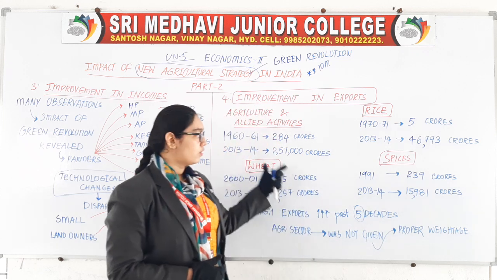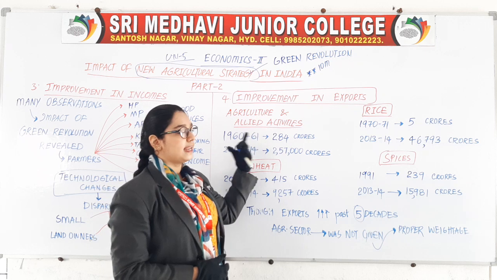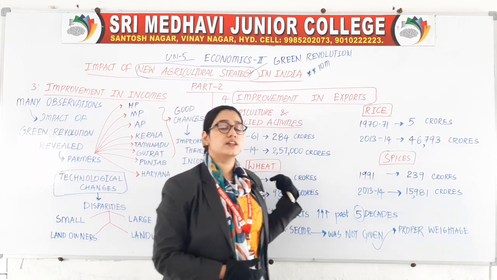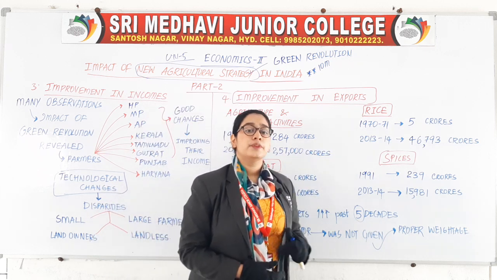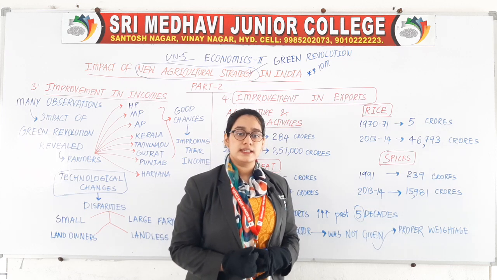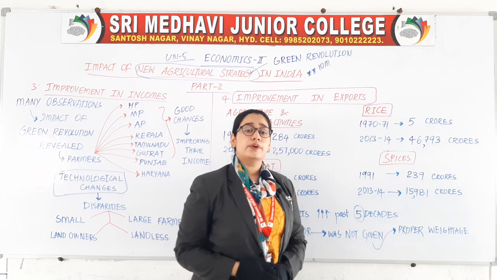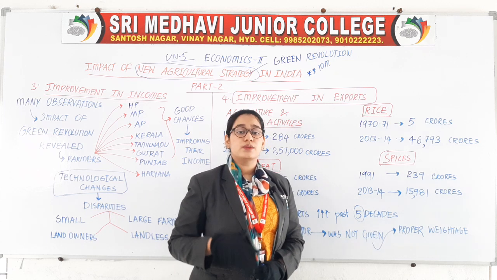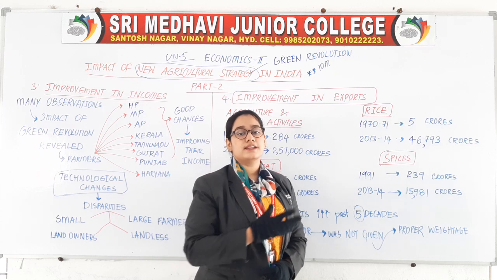So in all these 4 concepts, allied activities, rice, wheat and spices, you have observed that production has increased drastically. This is a positive impact for all of us. But what is the negative impact?